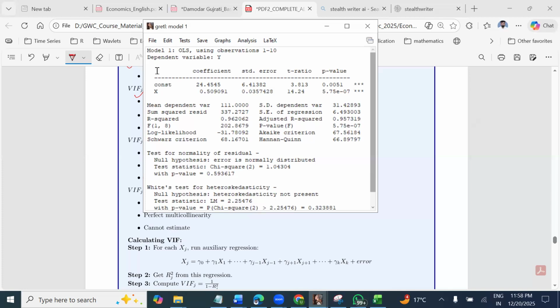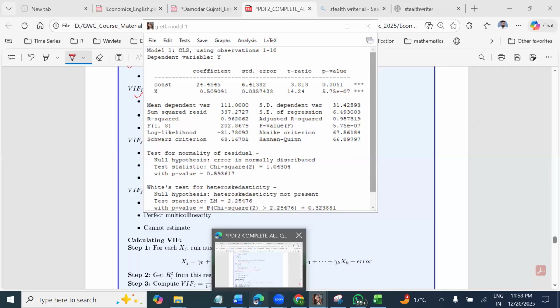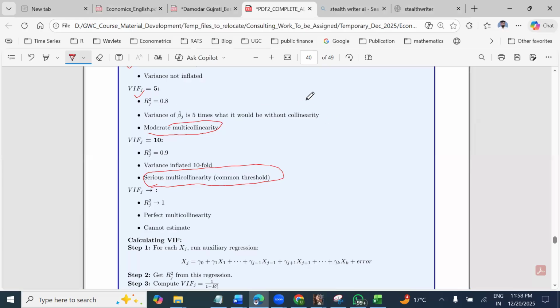If two independent variables are there, yesterday also I had shown you, more than one independent variable is linearly related. Basically let's say x1 and x2 are two variables. If x1 is 5, x2 is 10; if x1 is 10, x2 is 20. So they are perfectly collinear, we know x2 is 2x1.